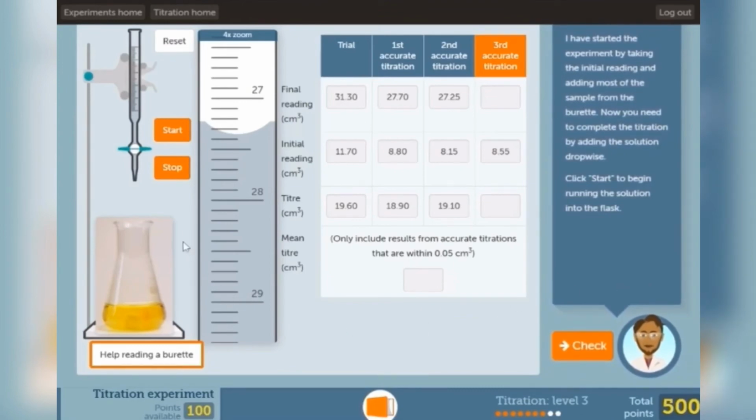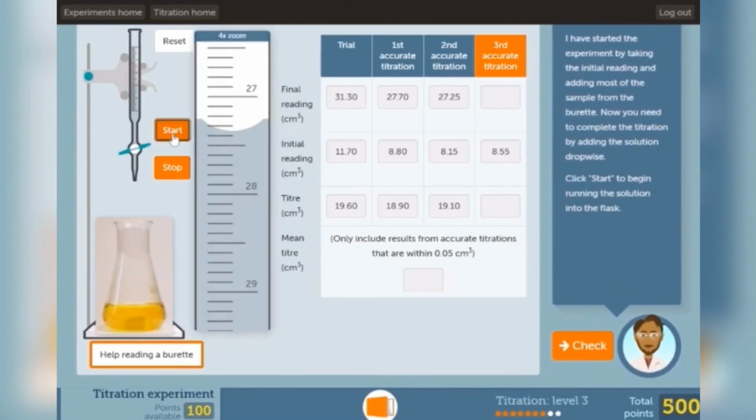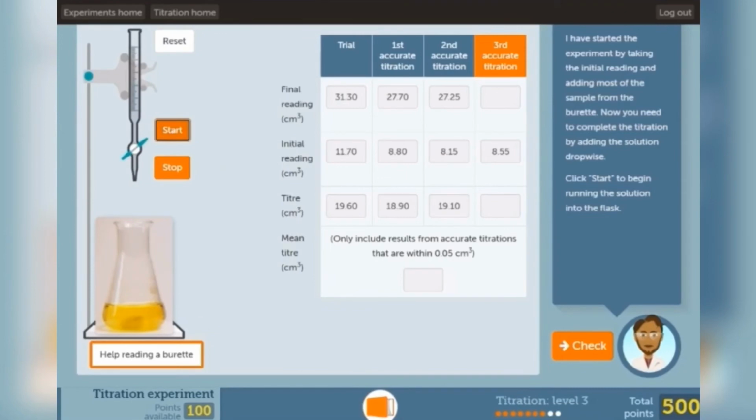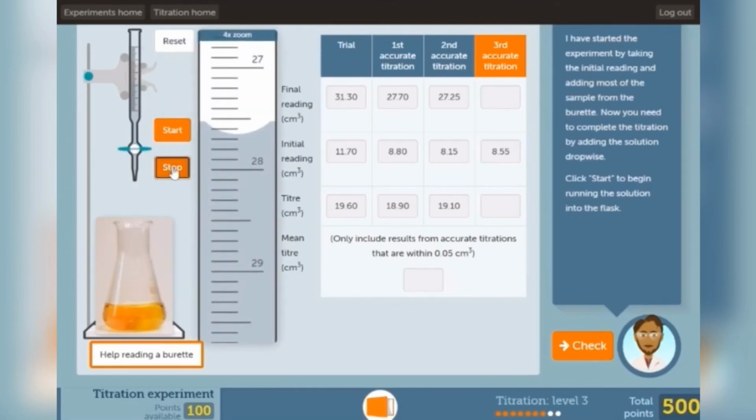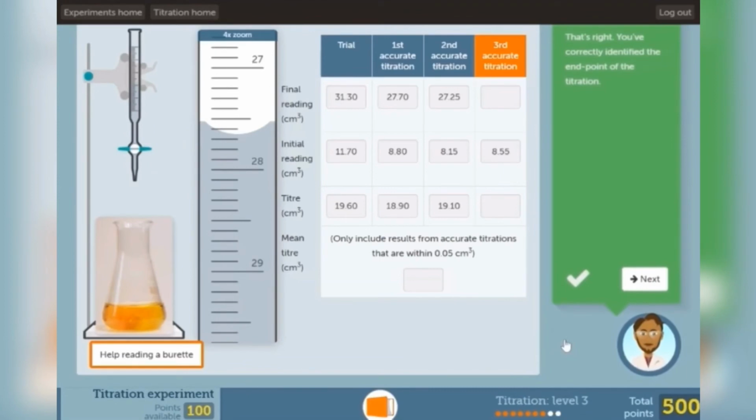So the third accurate titration has an initial reading of 0.55 cm³. The final reading is 27.65 cm³, and we get 19.10 cm³.